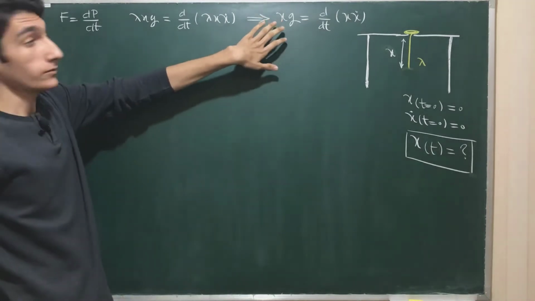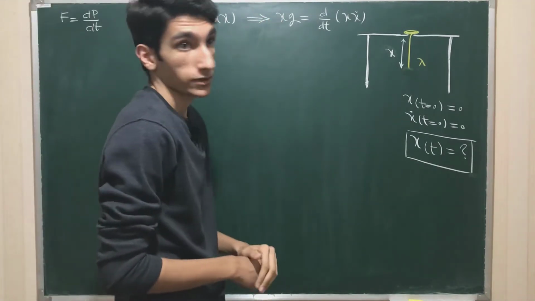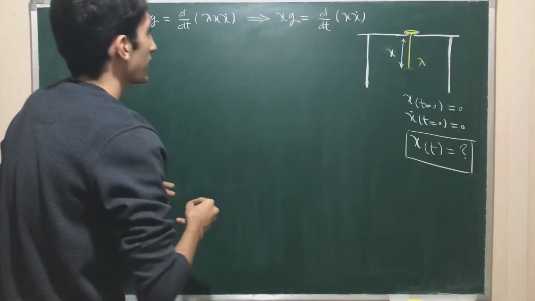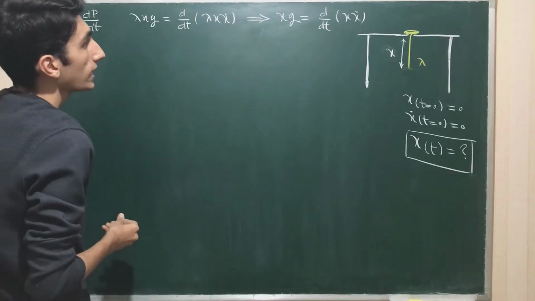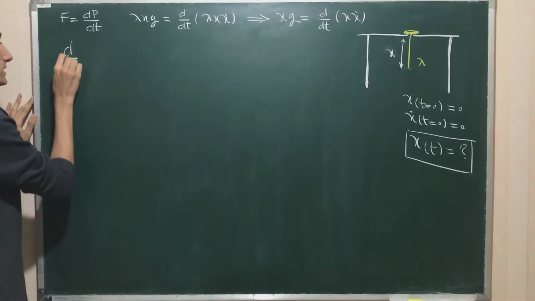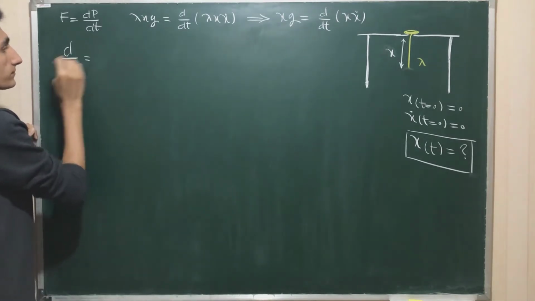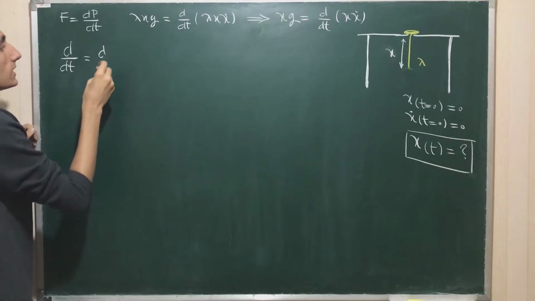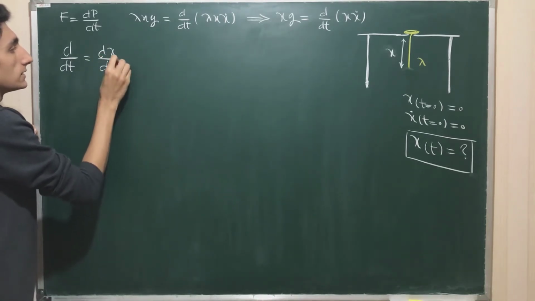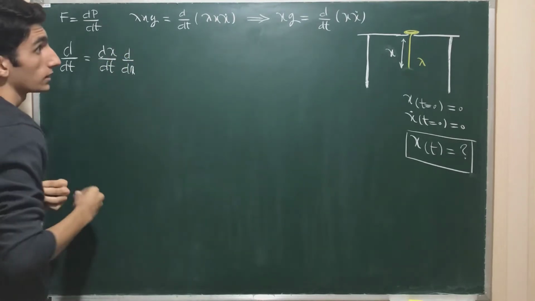Okay, now we have this differential equation, and we're trying to solve it. Here's where the magic happens. I'm going to write d over dt, the derivative with respect to time, as dx over dt times d over dx, the chain rule.